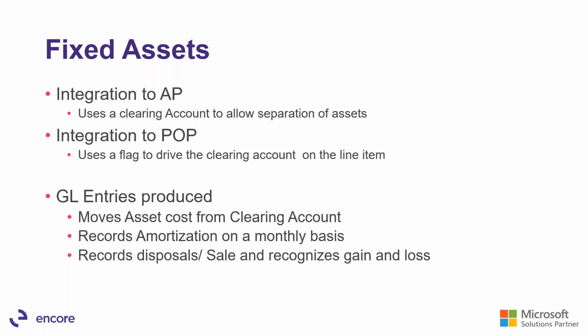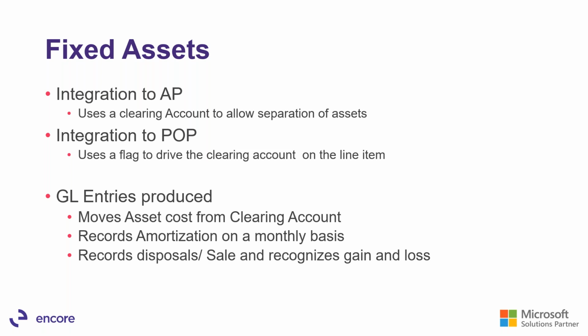The last thing that it does is disposal. So when an asset is disposed of, this is not when it's fully depreciated, where it stops depreciation and the accumulated amortization is equal to the asset value. But when I sell the product or dispose of it because it got lost or stolen or whatever it is, I need to get rid of that particular asset.